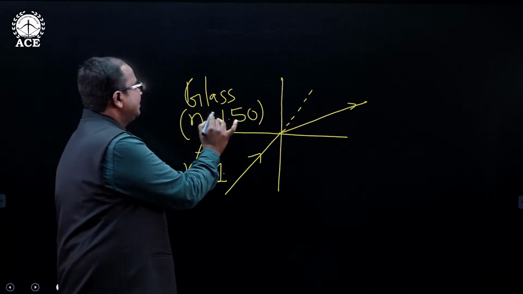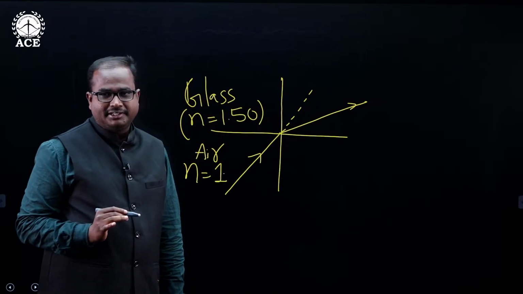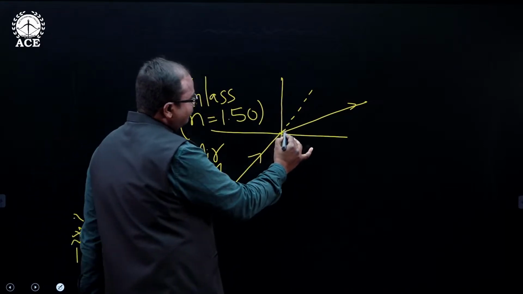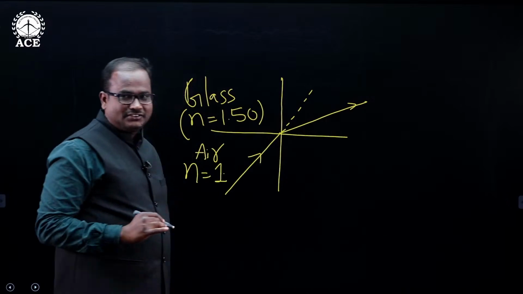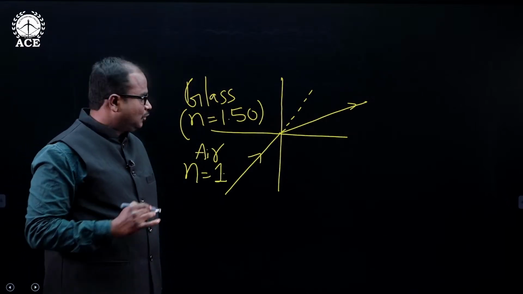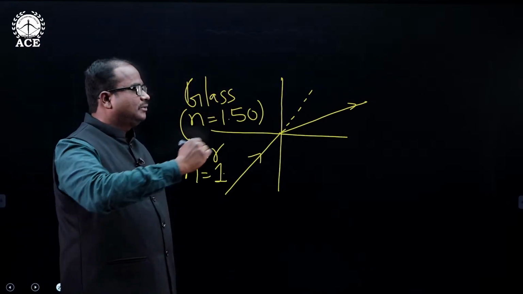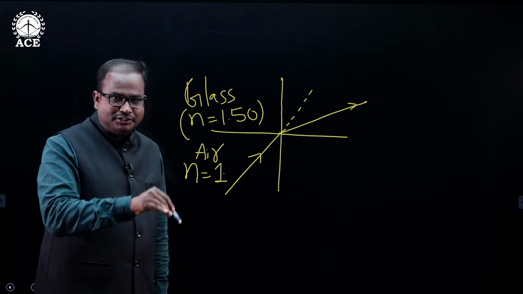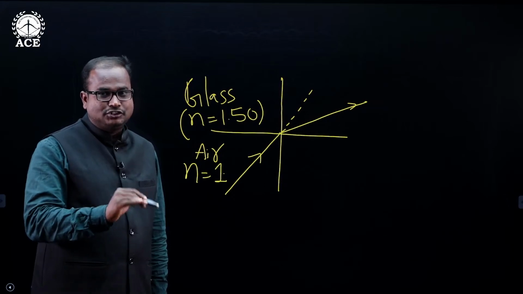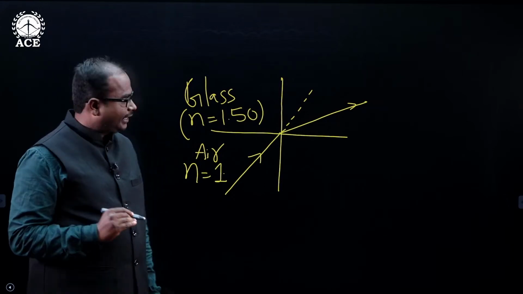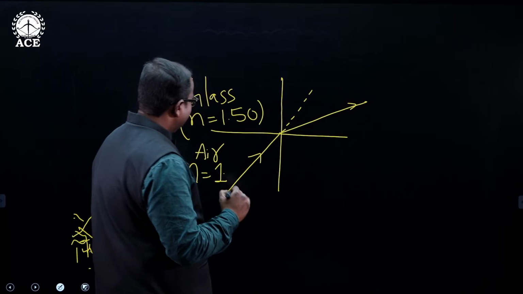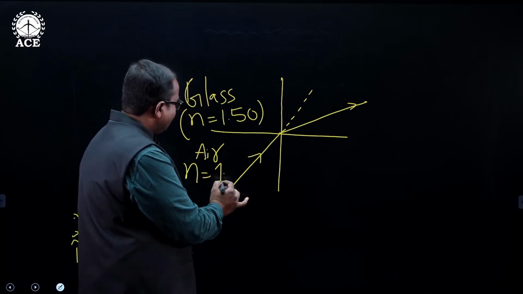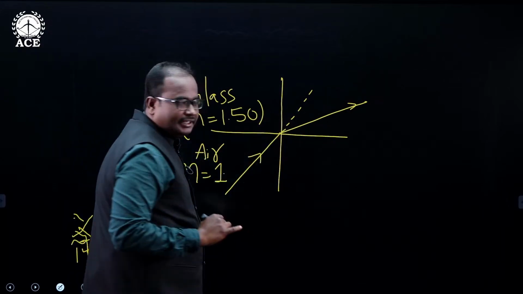Since glass has more refractive index, automatically the speed of the light ray decreases. So when the light ray is going from air to glass medium, the speed reduces. It slows down.